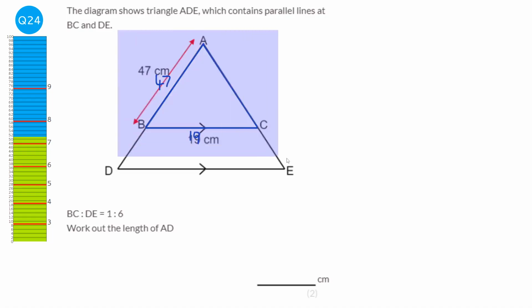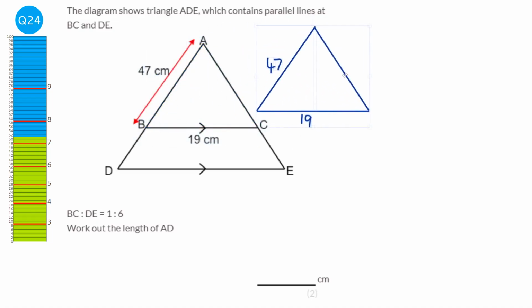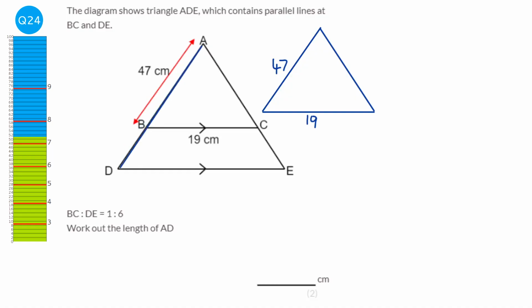And what I'm going to do is I'm just going to move this out. And we've got a bigger triangle here. We don't really know what any of the sides are just yet, but we can work them out.